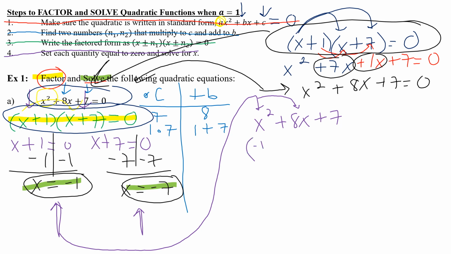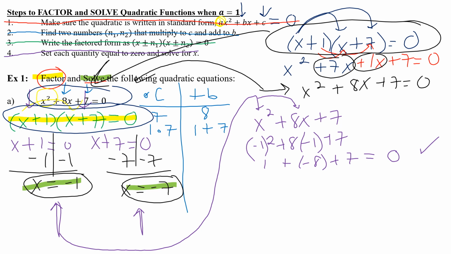So in parentheses, negative 1 raised to the second plus 8, parentheses, negative 1 plus 7. Negative 1 raised to the second is going to give us positive 1. 8 times negative 1 is going to give us negative 8, and then we add 7. 1 plus negative 8 is going to give me negative 7. Negative 7 plus 7 is sure enough going to give me 0. So that one checks.